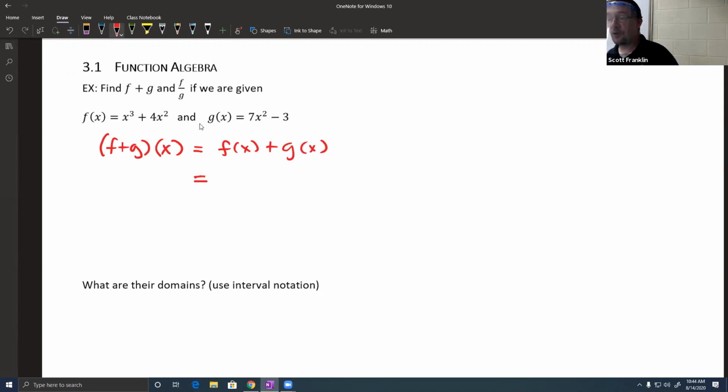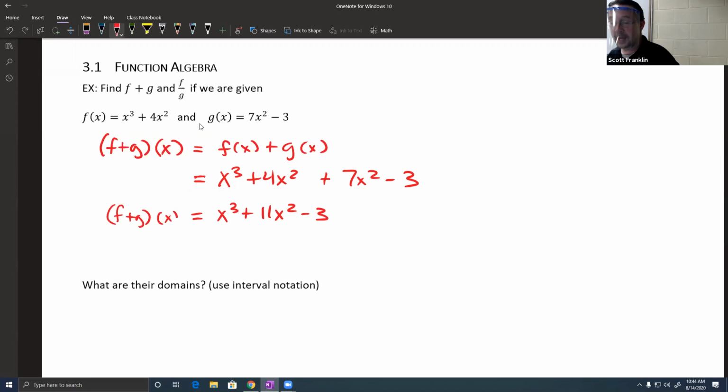Which new formula is x cubed plus 4x squared, that's your f, and your g is 7x squared minus 3. You just add those two formulas together. And then if you simplify that by collecting like terms, you get x cubed plus 11x squared minus 3. That is f plus g of x.